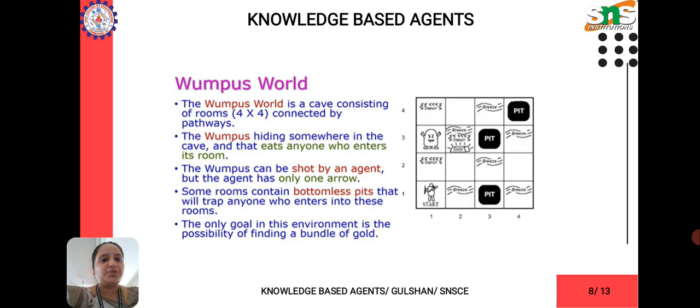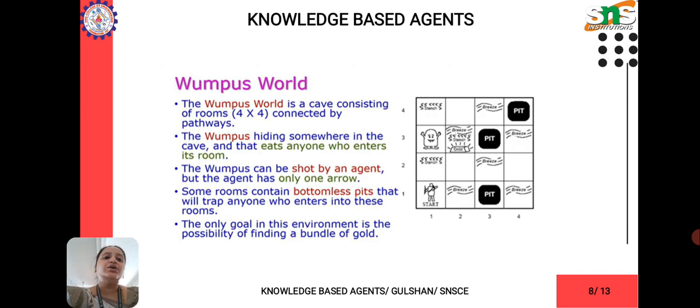Now, Wumpus world is a cave. It consists of rooms in a 4 into 4 matrix, which I have shown in the diagram. In this cave, the Wumpus can hide somewhere and it can eat anyone who enters the room. Since it is like a beast, it can eat whoever enters the room.